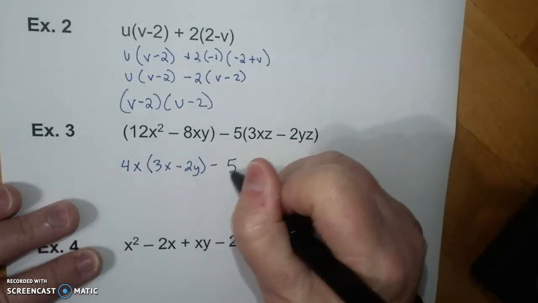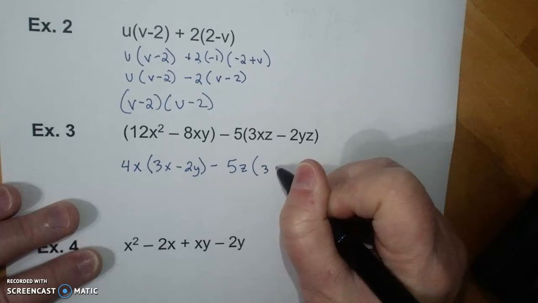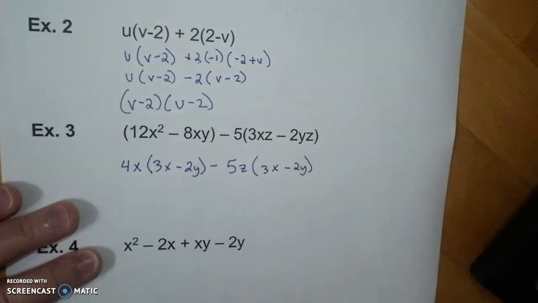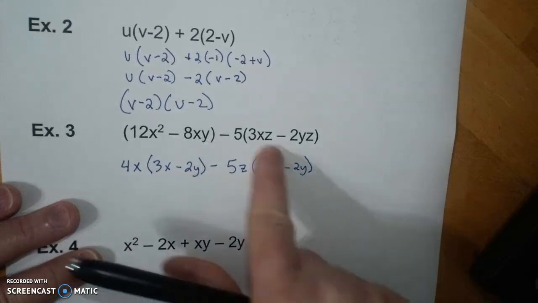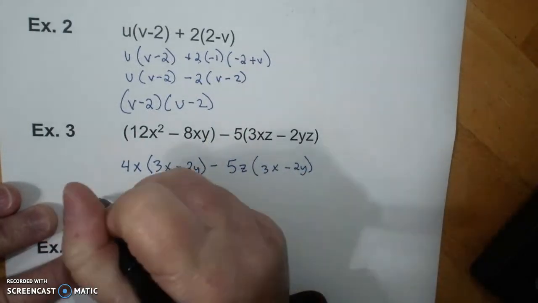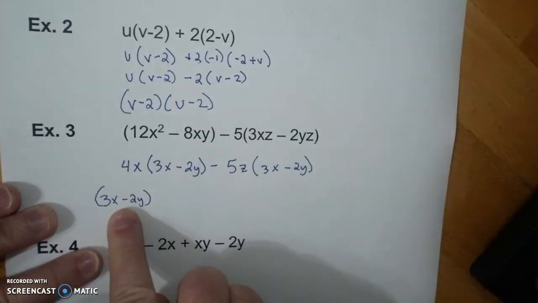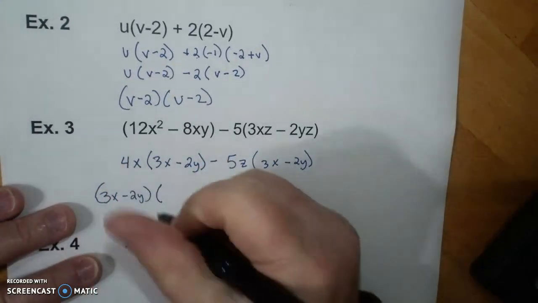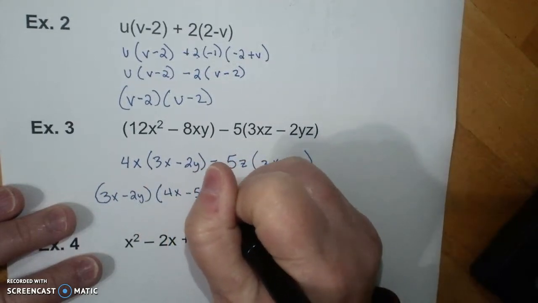So -5, the z comes out, and I have 3x minus 2y. And then I notice the clump is the same, so I'm going to undistribute or factor it out. So 3x minus 2y. Now, it has to stay a clump, so protect it. And it's going to go distributing to 4x minus 5z.